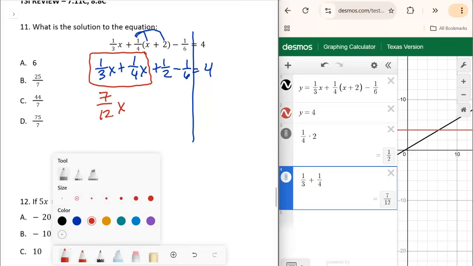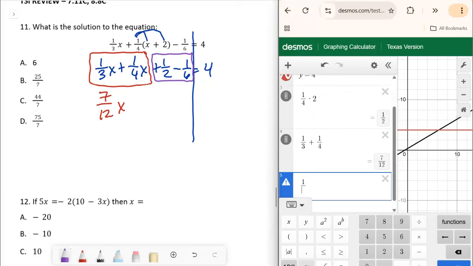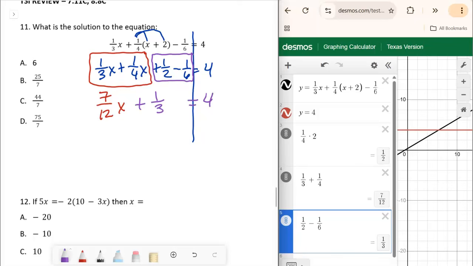You can also combine these two. And again, you would put that in Desmos, 1/2, arrow over, minus 1/6, hit the fraction button. Gives you a positive 1/3 equals 4.